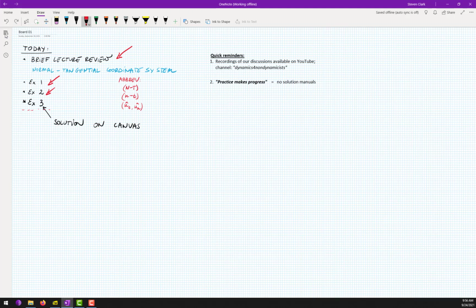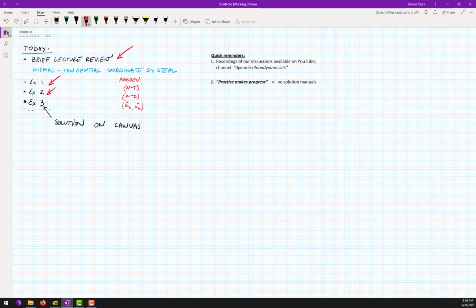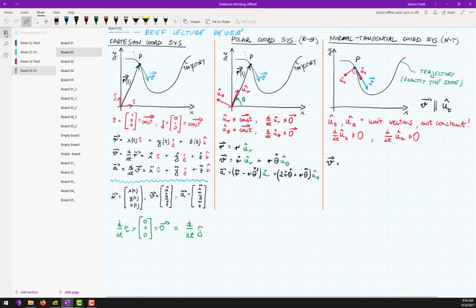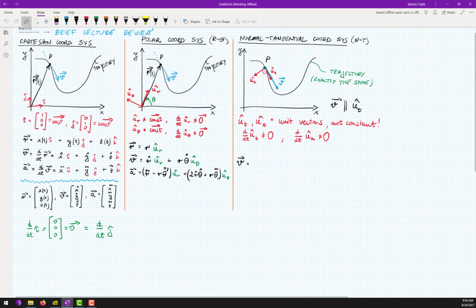Okay, so as I said before, without further ado, we are going to start. Exactly as last time, I prepared something before our discussion, okay? Today we will compare the Cartesian coordinate system, the polar coordinate system, and the normal tangential coordinate system.